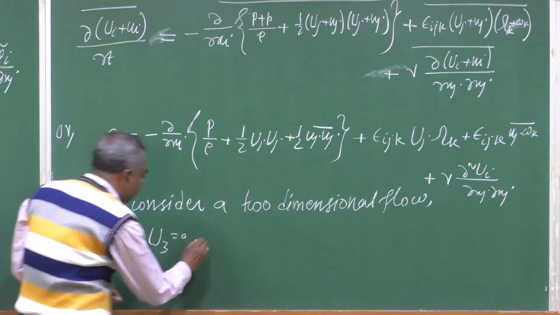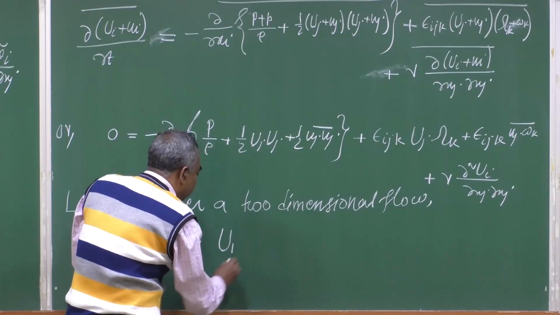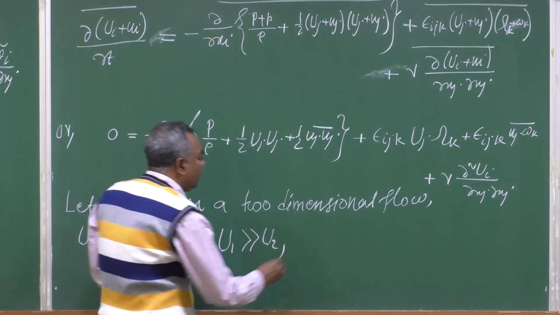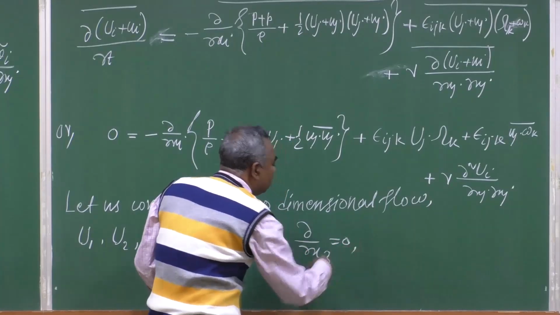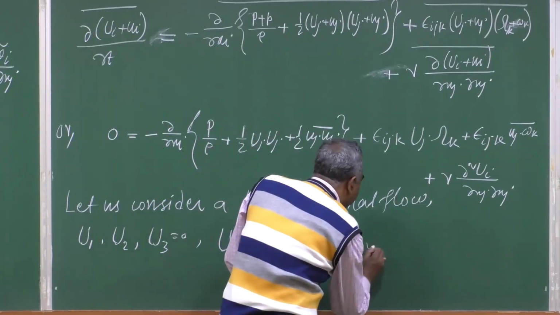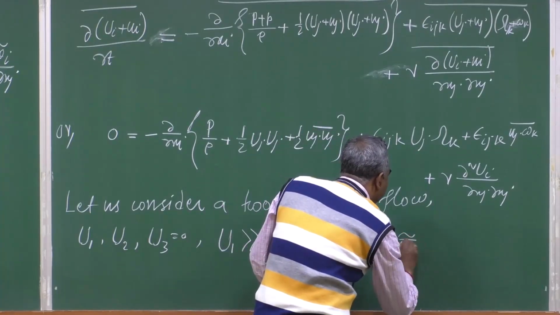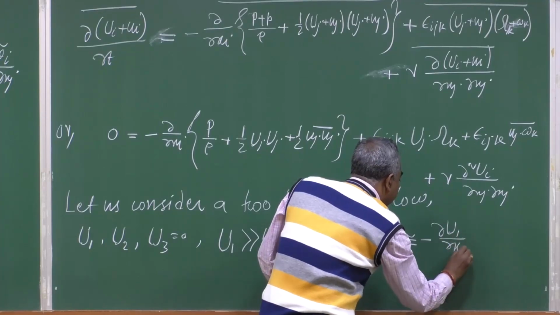Okay. And once again u1 is much higher than u2. Okay. That is another condition, and del by del x3 is equal to 0, and we have only one vorticity component, that is omega 3, which can approximately be written as minus del U1 by del x2. Okay.